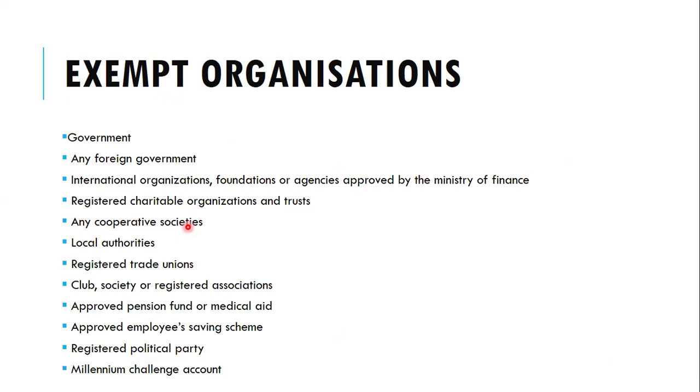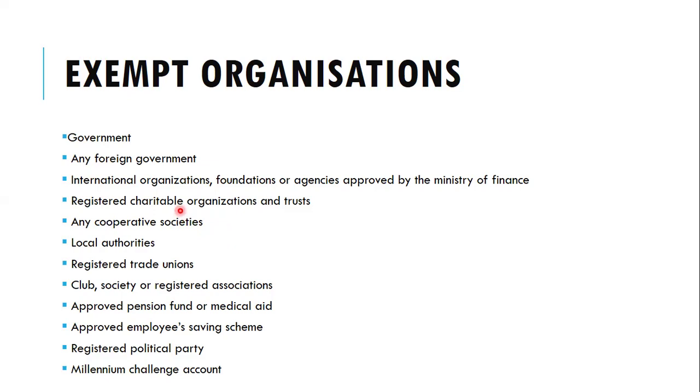If a foreign government also transfers property, maybe an embassy transferred property from itself to maybe the Catholic Church, there's no property transfer tax that's charged. Then international organizations, foundations, and agencies approved by the Ministry of Finance, no property transfer tax is charged. Then registered charitable organizations and trusts, no property transfer tax is charged.